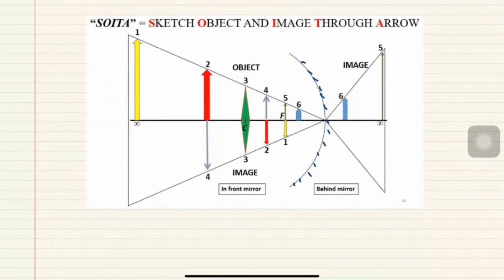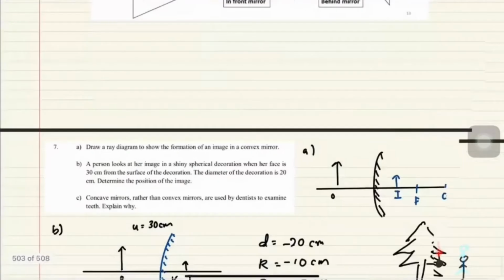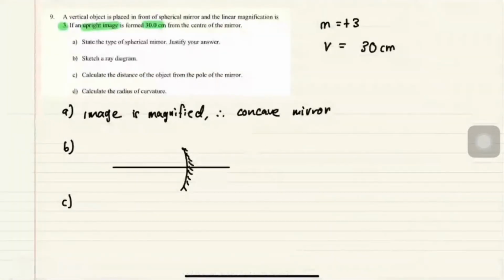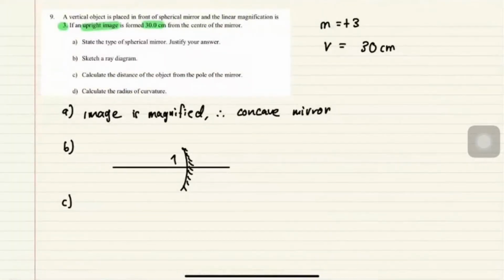Sama ada objek kamu between C dengan F ataupun less than F. Okay, so sekarang ni dia kata image dia adalah upright. So basically we are talking about this part. Okay, kalau yang ini pair dia tu, yang part tu dia mesti inverted. Okay, now we know if we draw, then the image will be formed over there like that.